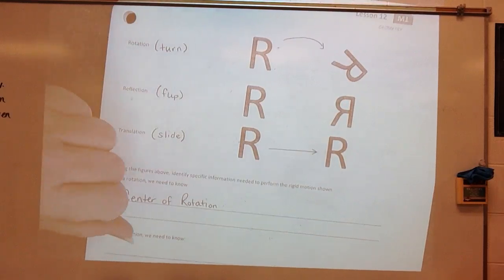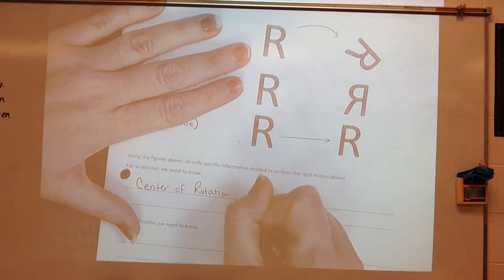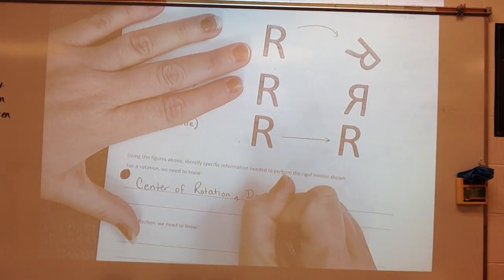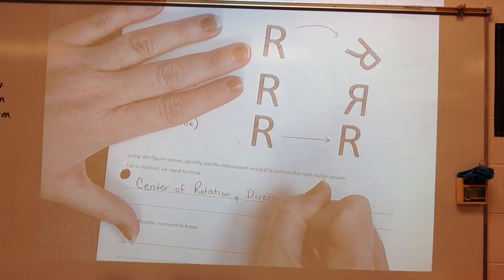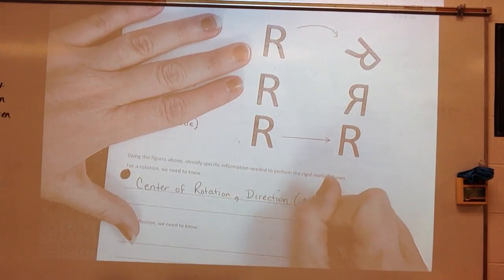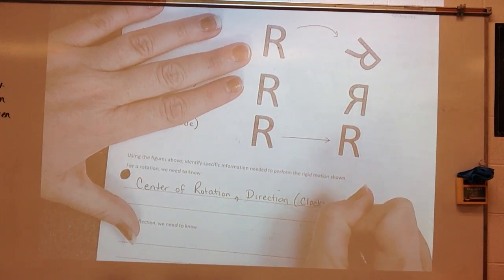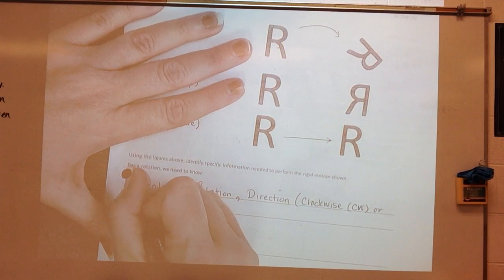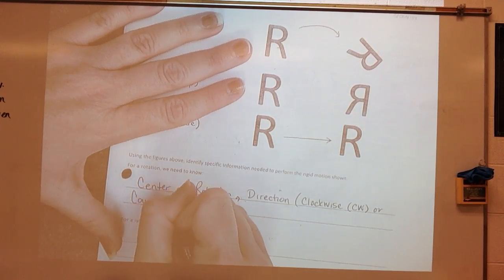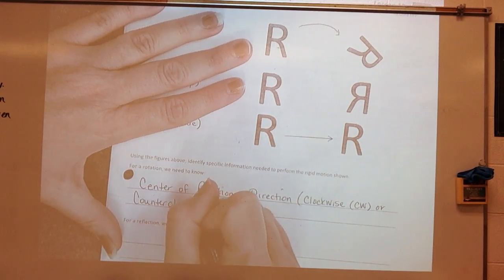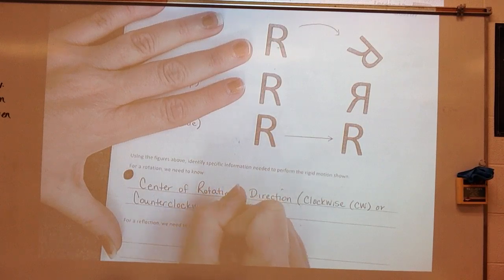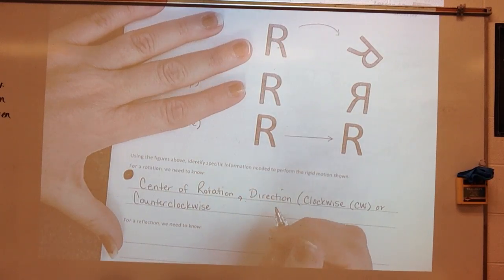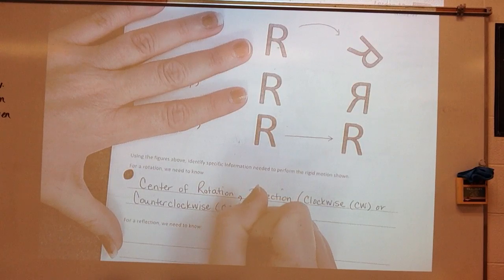We also need to know, are we going clockwise or counterclockwise? So we need to know our direction. Alright, and when we say that, we would need to know, are we going to turn clockwise? And that's CW. Or are we going counterclockwise?